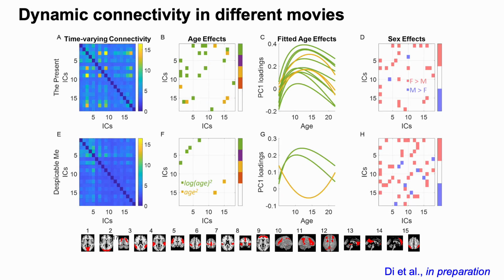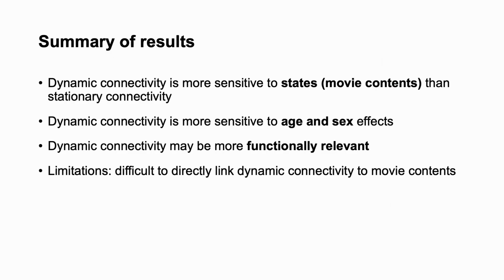For the dynamic connectivity for the same two movies, we can see both the age and sex effects, and in this case it seems more clear compared to the stationary connectivity.